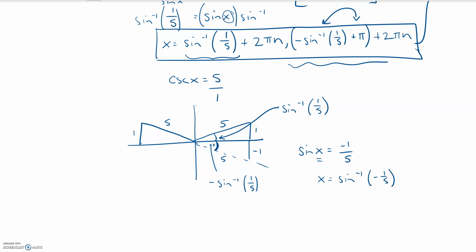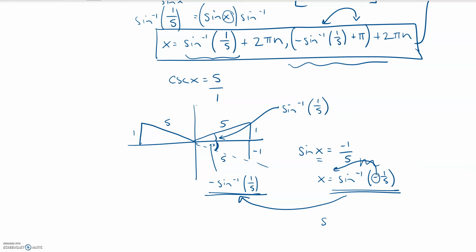So look at the difference here. Sine inverse of -1/5 is the same angle as negative sine inverse of +1/5. You can't just pull that negative out of the argument there. That's bad. Don't do that. But they are the same angle.